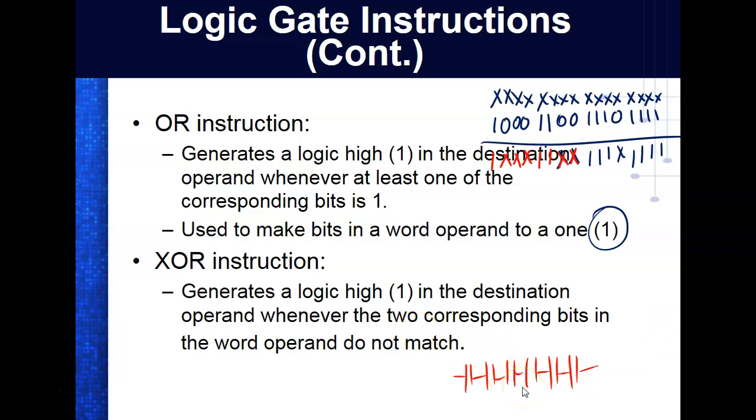Exclusive OR. So exclusive OR, we use these for compare instructions, right? And these are bitwise. So it generates a high if the destination operand, when the 2 corresponding bits in the words do not match. It would generate a low if they do match.